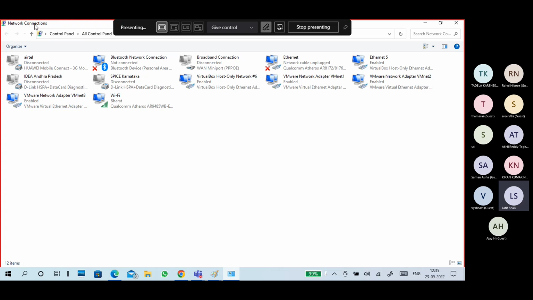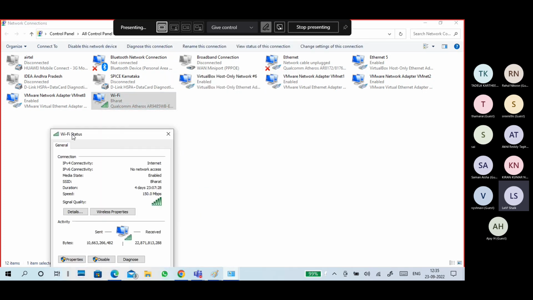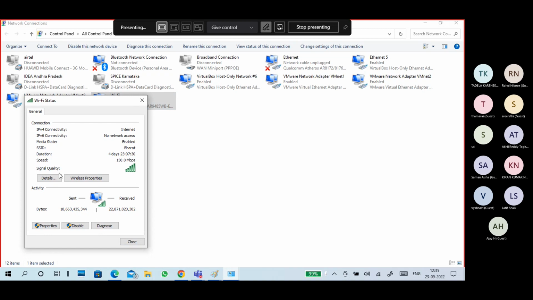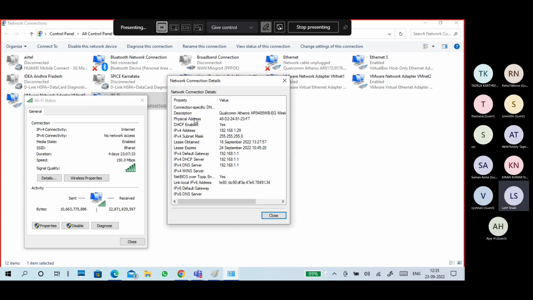You will get the network connections, or ncpa.cpl will give you that. Open your adapter, go to details, and see the physical address. This is your MAC address. The description shows the manufacturer of the NIC and the model number.